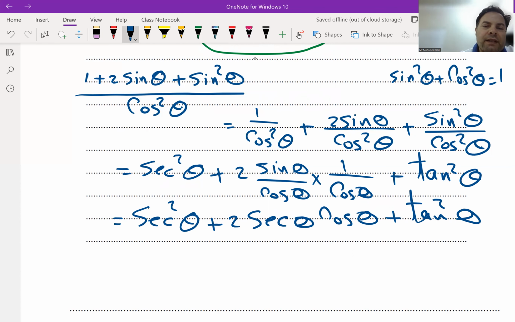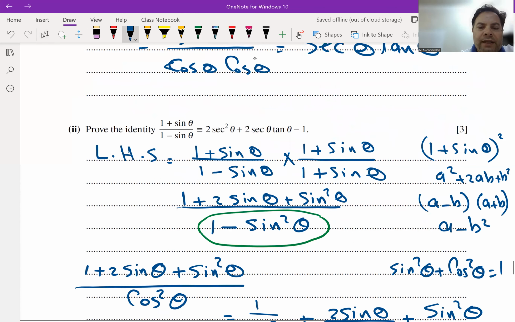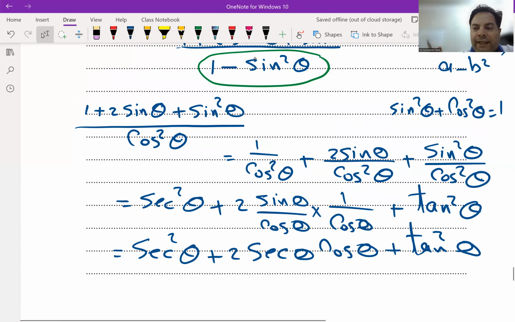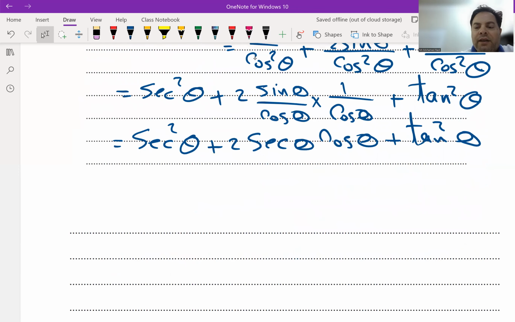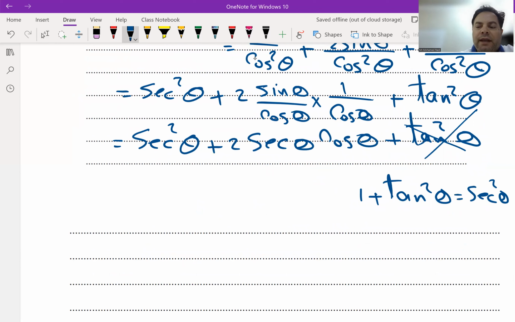But still, if you look at the right side, it includes 2 sec squared and there is no tan squared, because we have an identity connecting tan and sec: 1 plus tan squared theta is equal to sec squared theta. Remove tan squared and write sec squared minus 1.